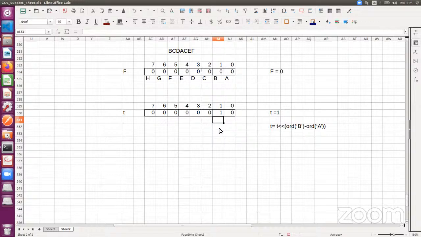Yes. Zero AND with 1 becomes 0. If 1 is present in the V, then it becomes 1. Okay, so what is the statement?